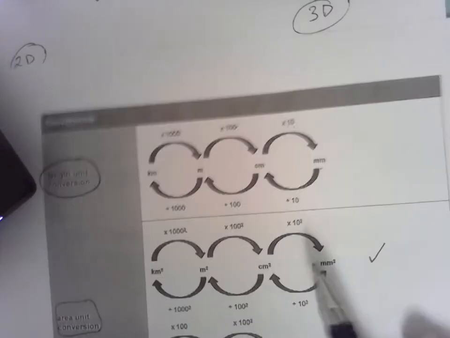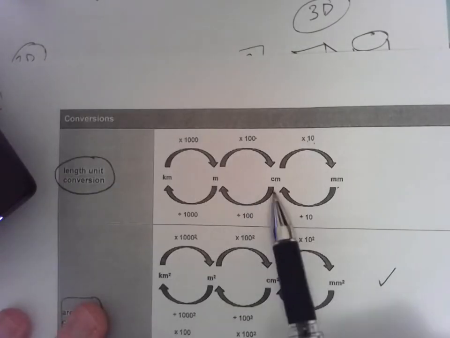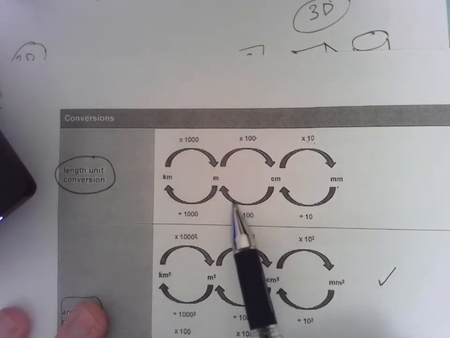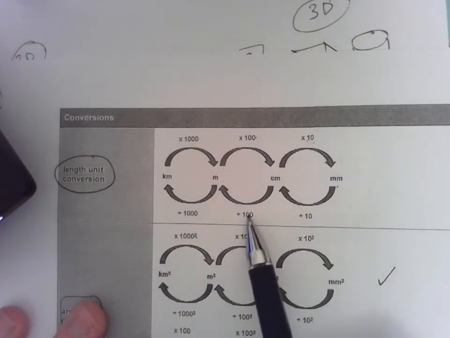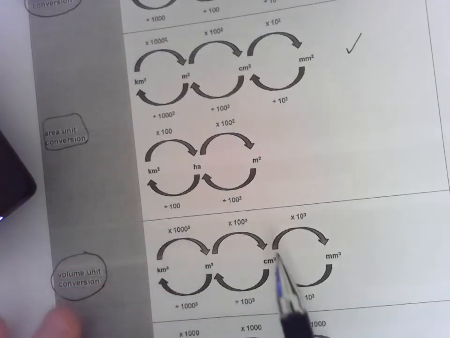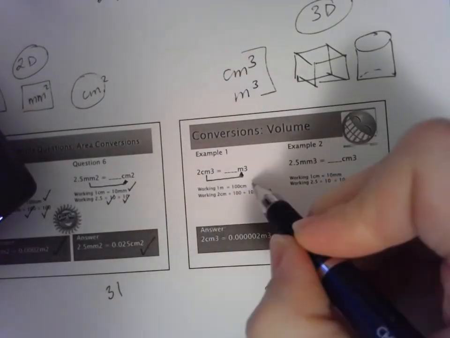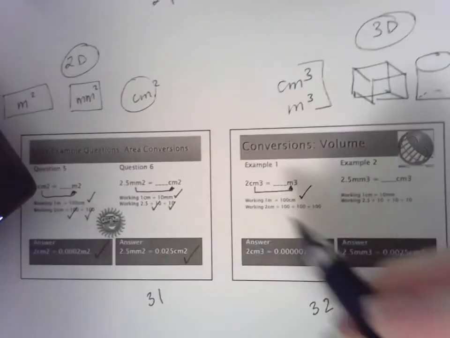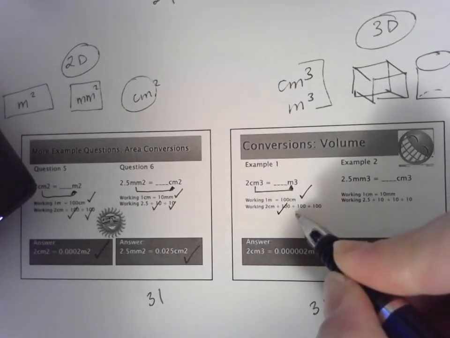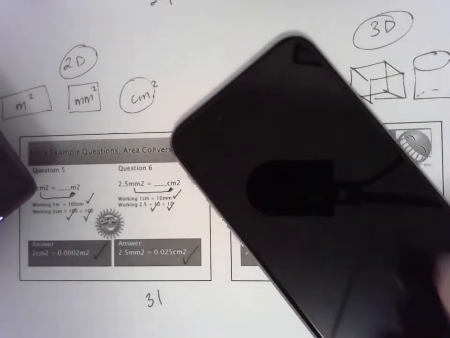I just use the basic one and say, alright, we're going centimeters to meters, so I have to divide by 100. It says the same thing down here, it's just got the 3 on the top. I just find it more useful to find the magic number. So the magic number is 100, and I'm going to divide it 3 times. 1, 2, 3.